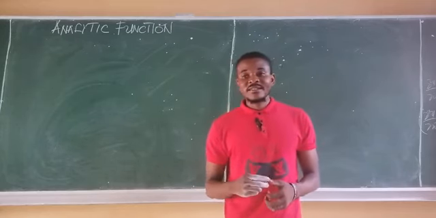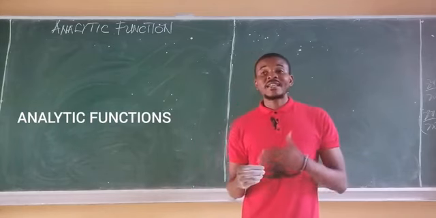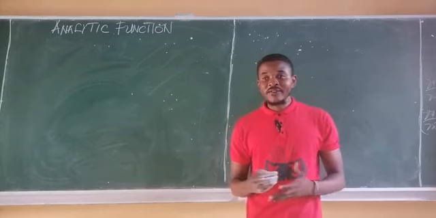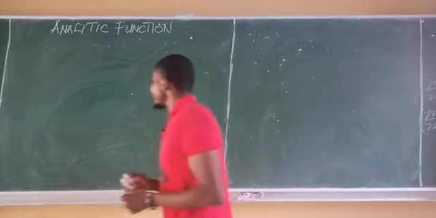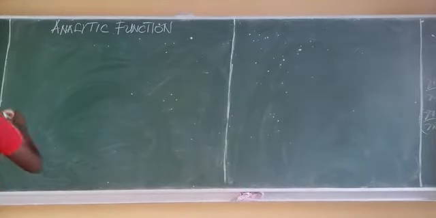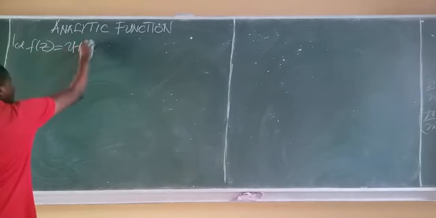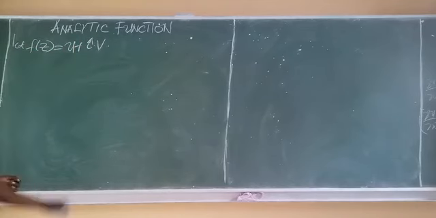So in today's class, we are going to be talking about analytic functions in Engineering Mathematics 5. Okay, so talking about analytic functions, let's consider the given functions. Let f of z be equal to u plus iv. This is actually a complex number.